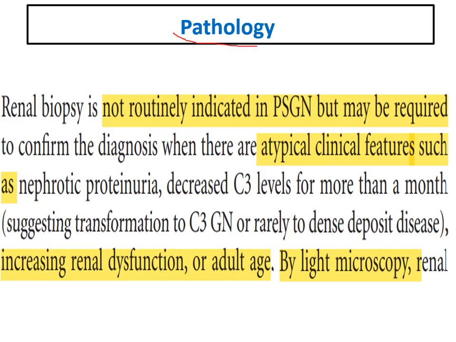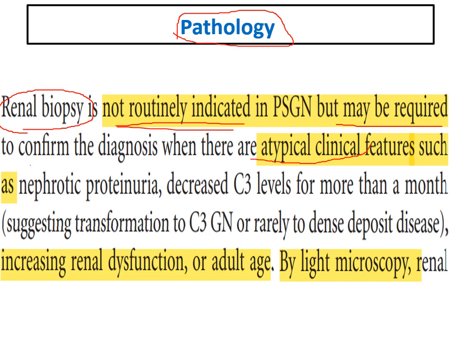Now we'll talk about the pathology. Renal biopsy, as we know, is not routinely indicated in post-streptococcal glomerulonephritis, but it can be required to confirm the diagnosis with atypical presentations or atypical findings, such as a nephrotic presentation or decreased C3 for more than a month, a prolonged period.